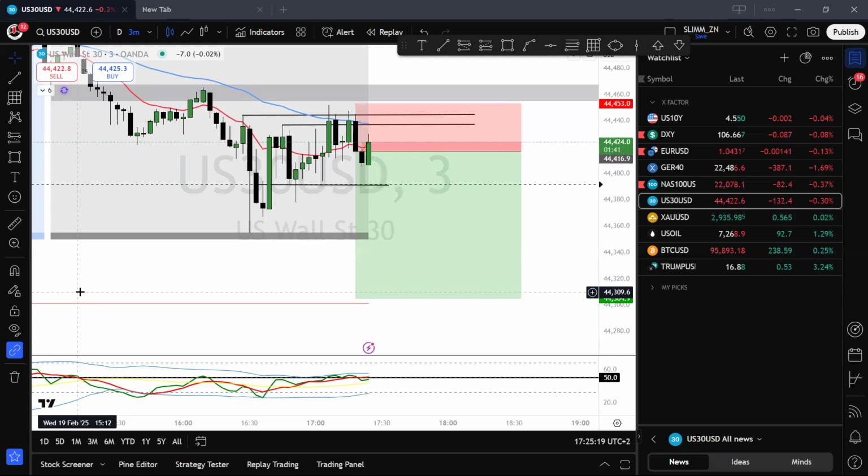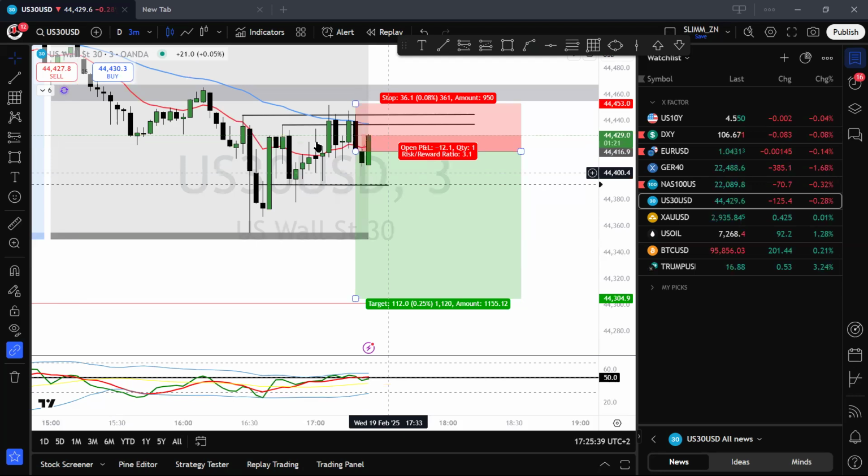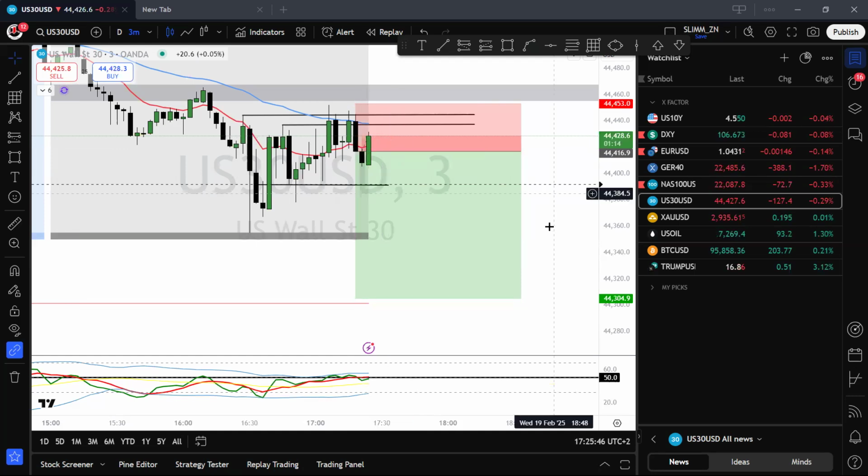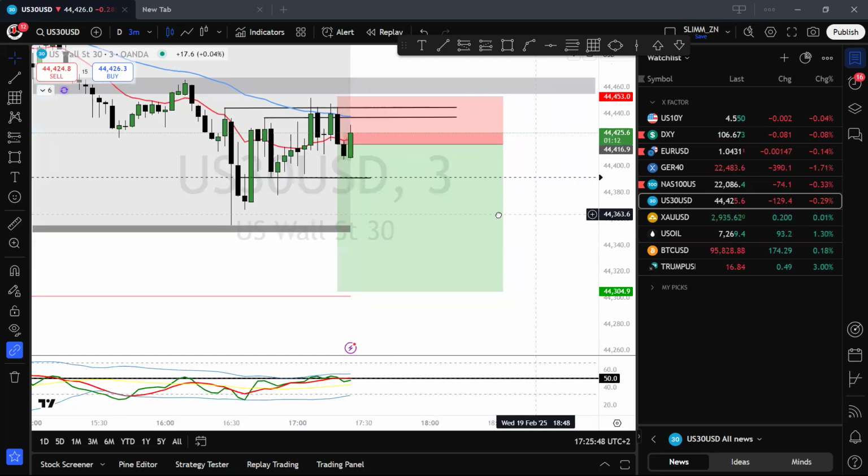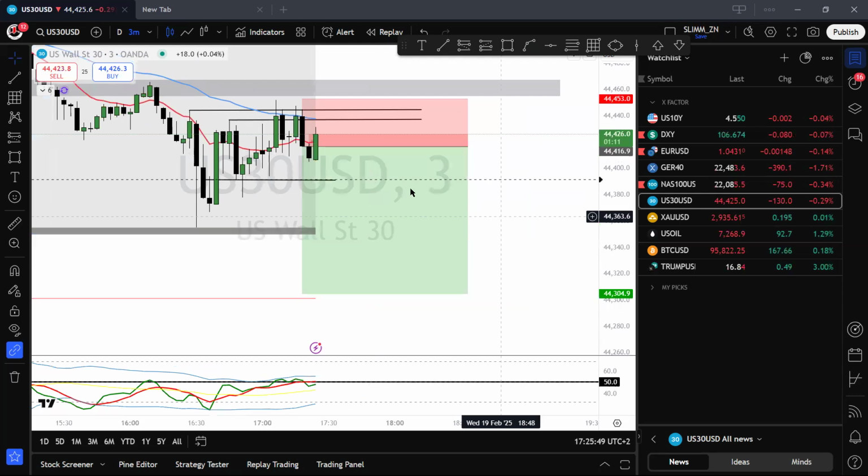I'm even wondering if they even deserve me to be sharing my charts like this. So we do have a plan, we do have a setup, we do have an entry. But the way it's moving now, it looks like it wants to disappoint me, but I won't be disappointed until my stop loss has been hit.